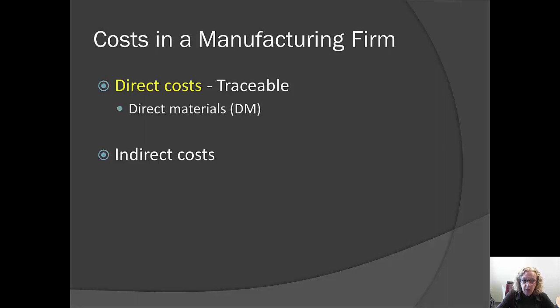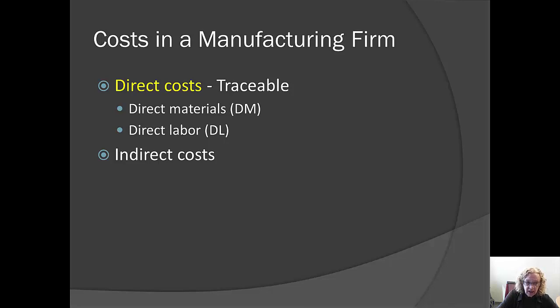Generally speaking, that would be direct materials. We know how much of each direct material went into this product or went into that product. Also, direct labor. We know which of our workers were working on each of the products that we made. So there's relatively little uncertainty about how much of the direct costs went into each of our products.